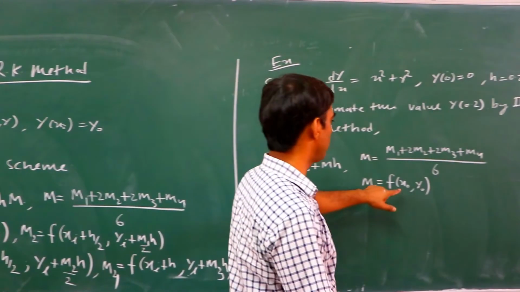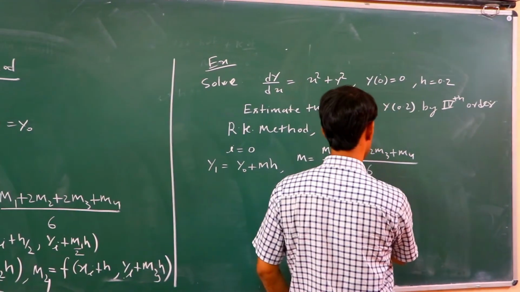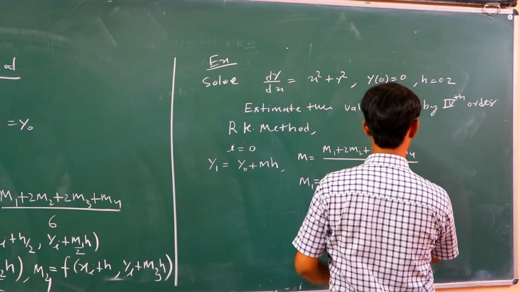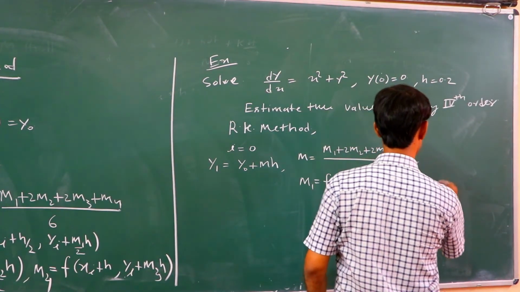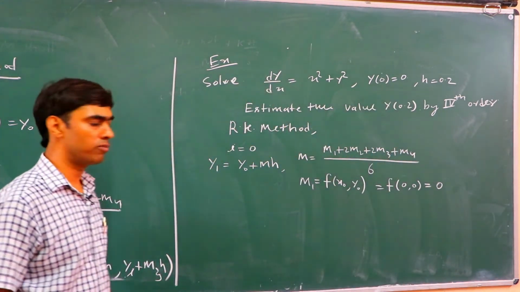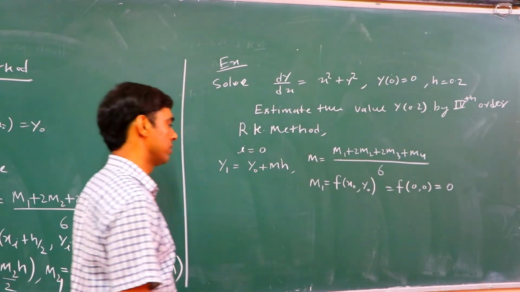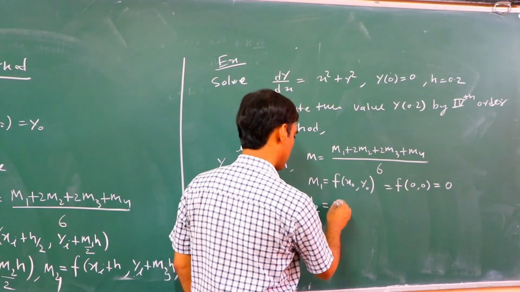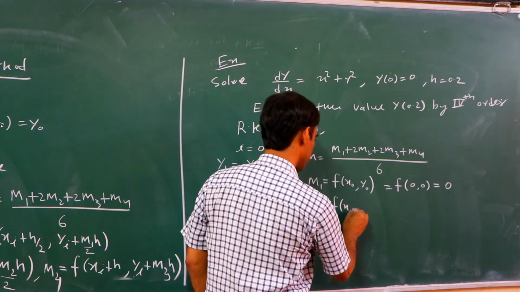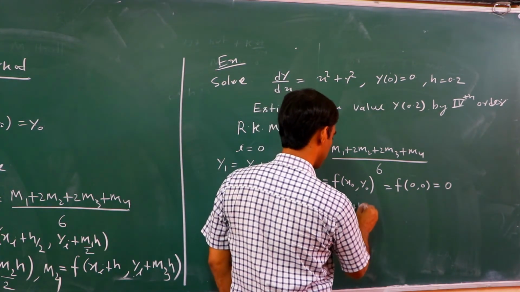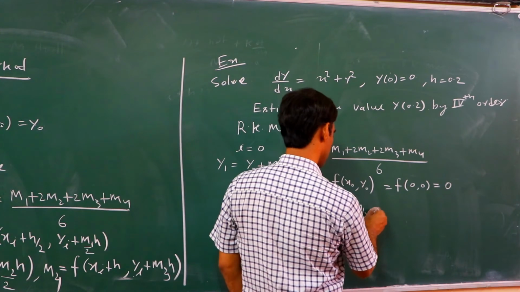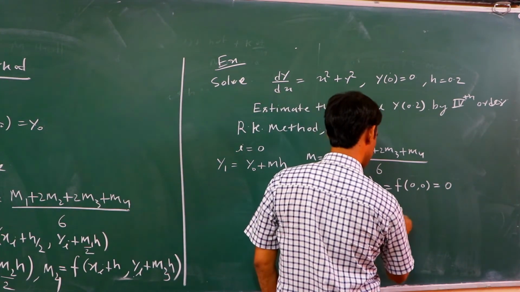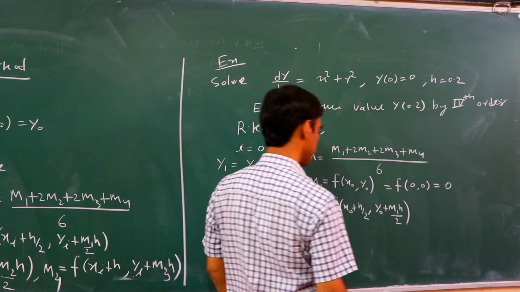So what is the value of f of x0 y0? x0 is 0, y0 is 0. What is the value of this one? 0. So the value of m1 is 0. What is the value of m2? m2 equal f of x0 plus h by 2, y0 plus m1h by 2.